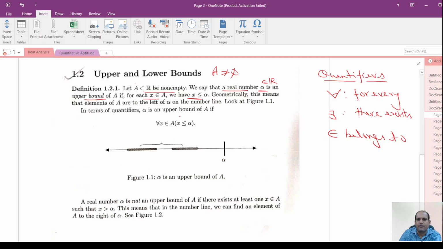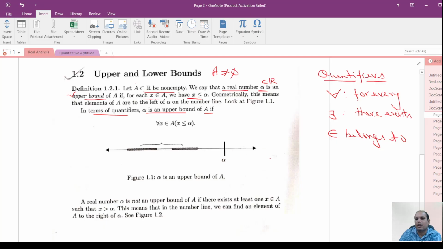So we will use these. As per quantifiers, if alpha is an upper bound of any non-empty set A, then for every x belonging to A, x has to be less than or equal to alpha. So this is the definition of upper bound.